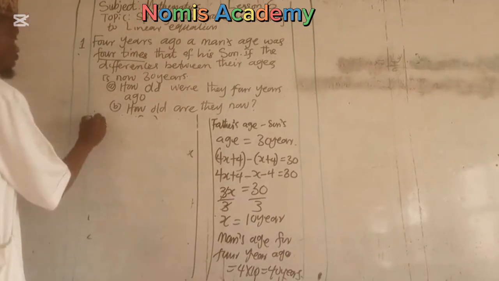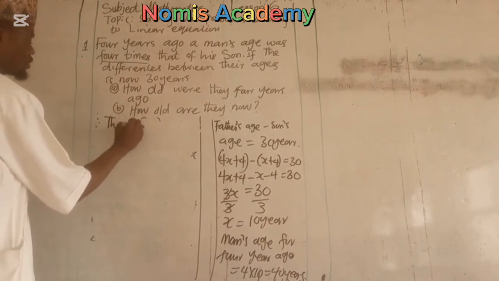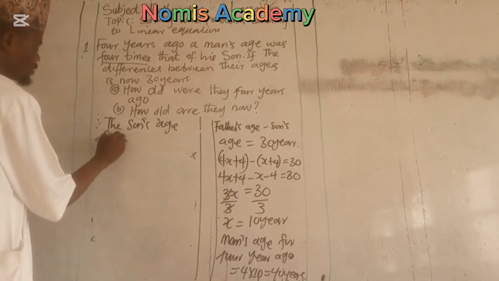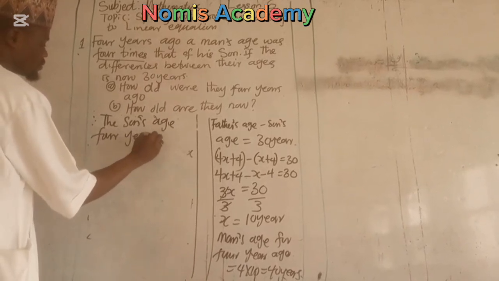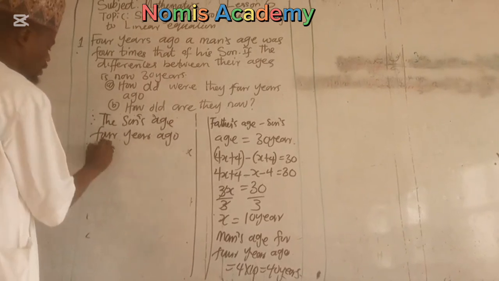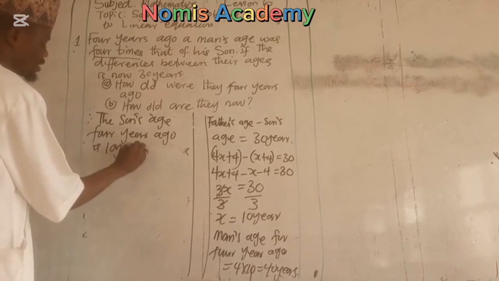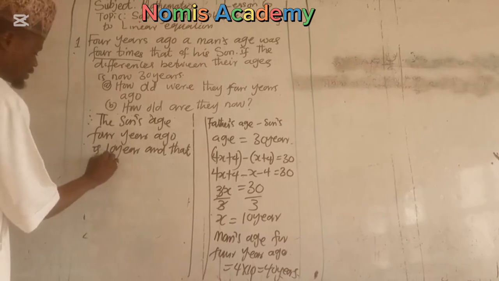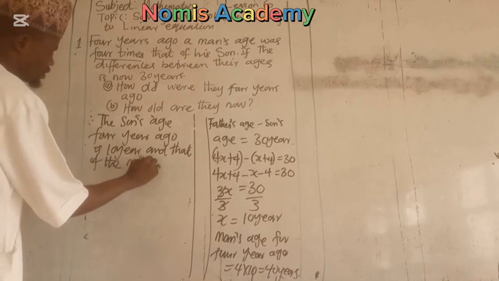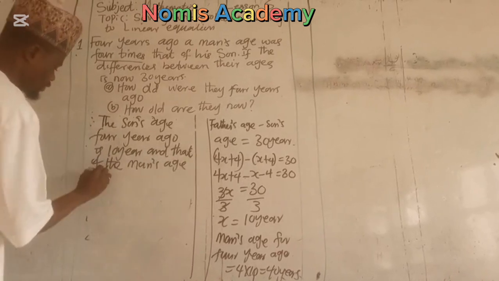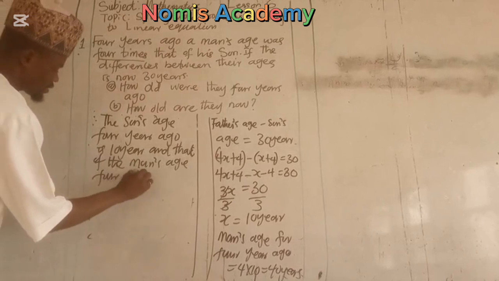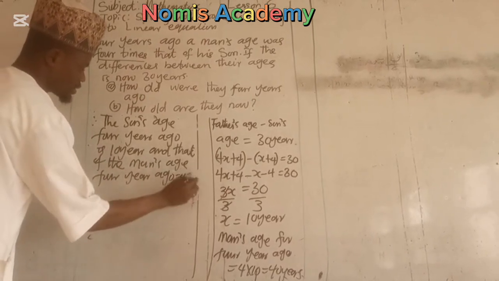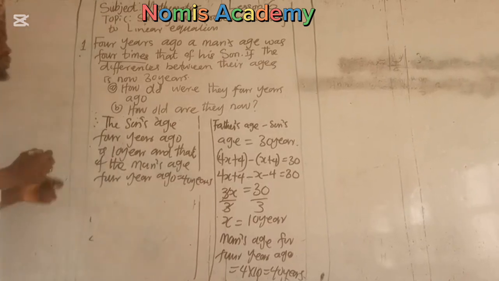So therefore, the son's age 4 years ago is 10 years, and the man's age 4 years ago is equal to 40 years. That is question A.